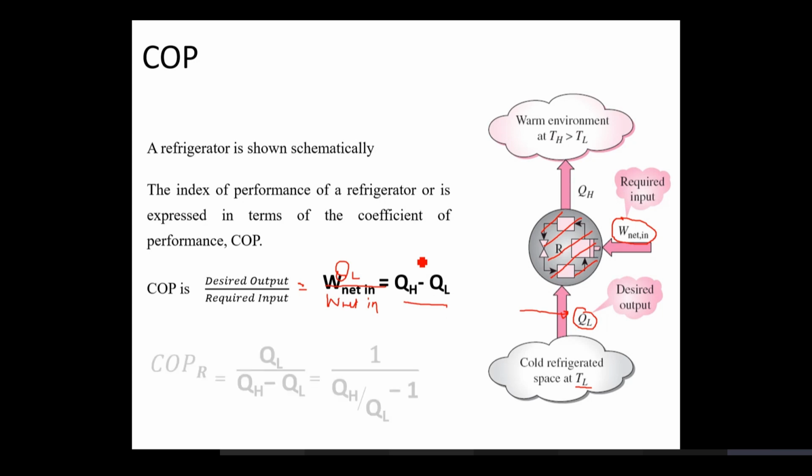So the coefficient of performance is essentially the desired output, which is QL, divided by the net work input, which is QH minus QL. And if you divide every term in this coefficient of performance, where R represents a refrigerator, by QL, you essentially get 1 over (QH over QL minus 1). This is the coefficient of performance of a refrigerator.